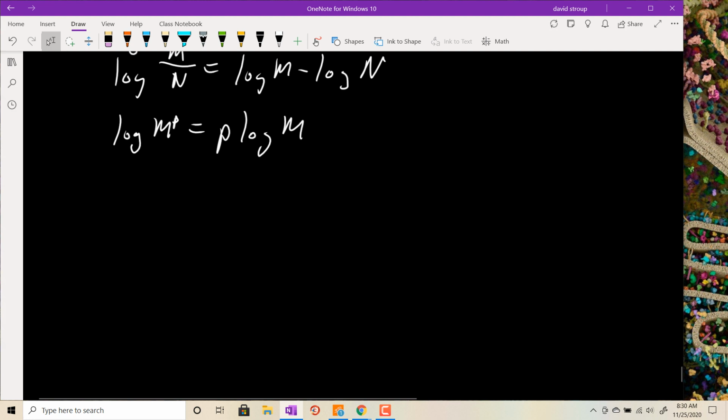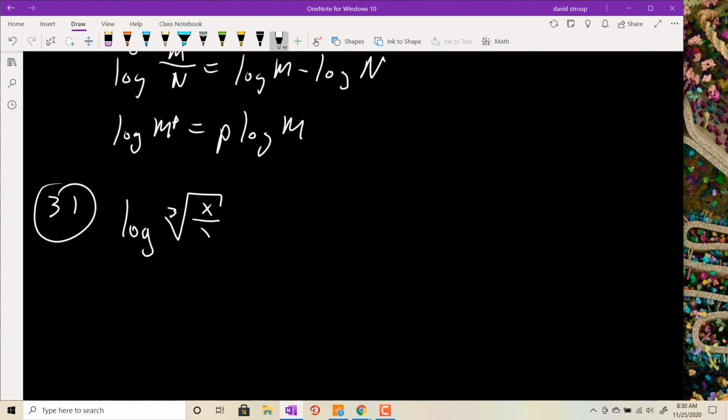Let's go ahead and look at 1 or 2 of those. So let's look at 31. And these problems are expanding the logarithm. So here we have log of the cube root of x over y. There's a couple ways you could do it.